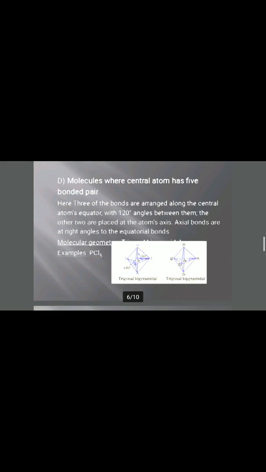So the angle is 109.5 degrees. Next is where the central atom has 5 bonded pairs. For example, PCl5, then the geometry is trigonal bipyramidal with angles 90 degrees and 120 degrees.